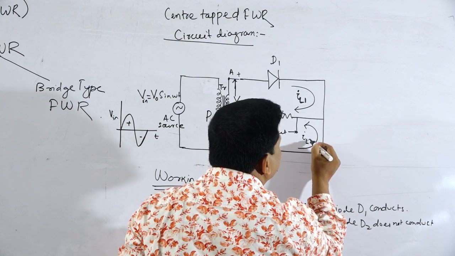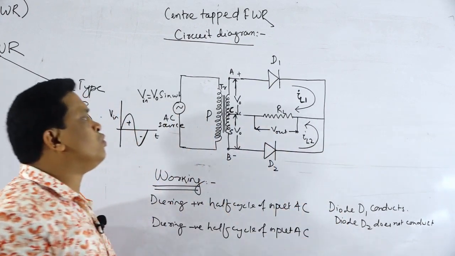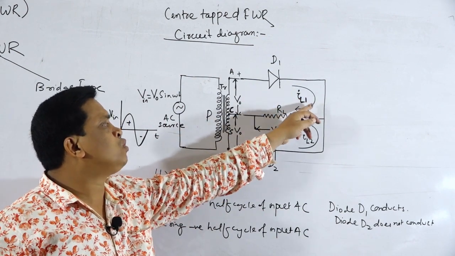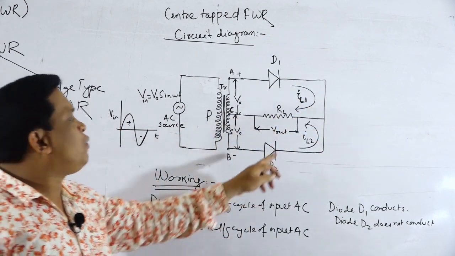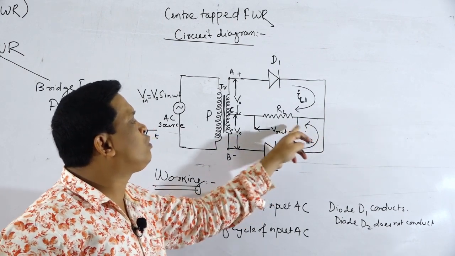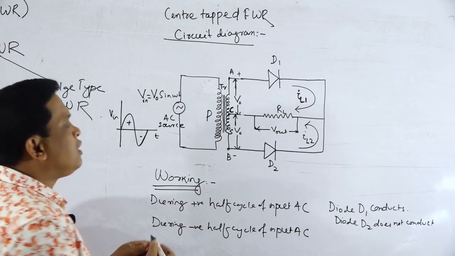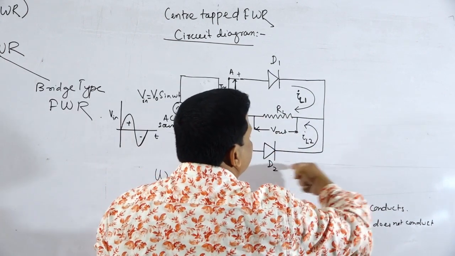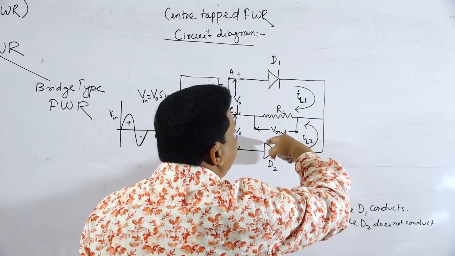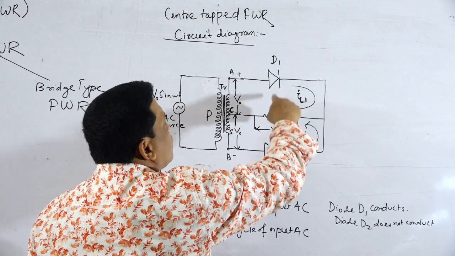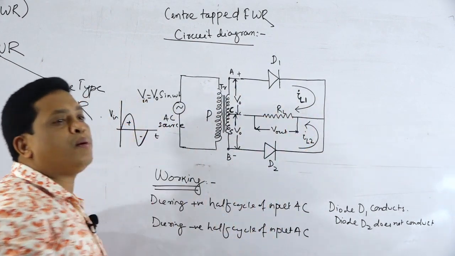So I mark it as IL2. What is IL1? It is the load current due to diode 1. And what is IL2? Load current due to diode 2. Now look here, the load current IL2 flows in the anti-clockwise sense in the lower half of the circuit, while load current IL1 flows in the clockwise sense in the upper half of the circuit.